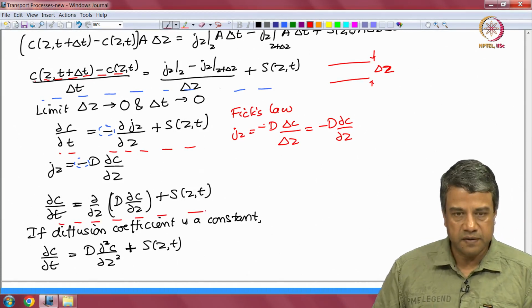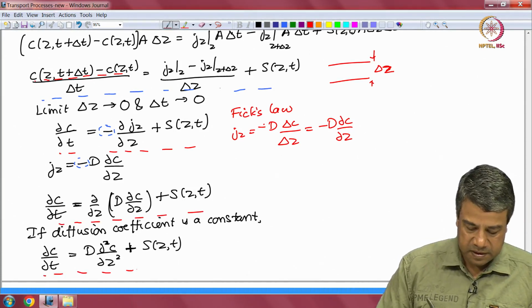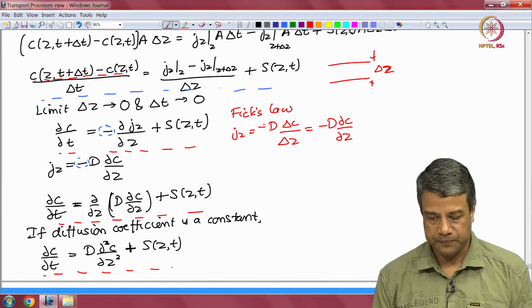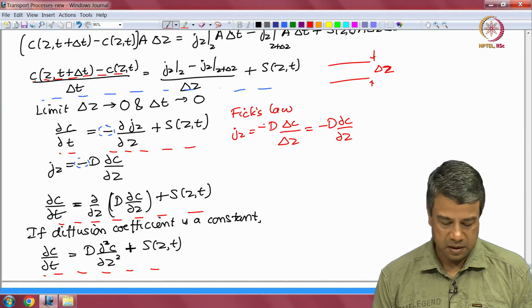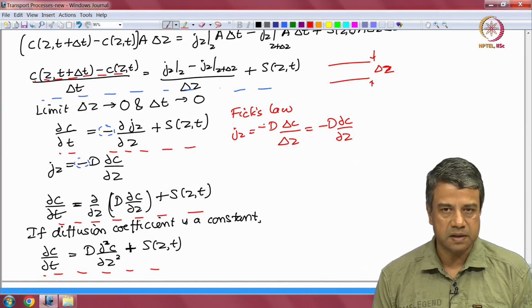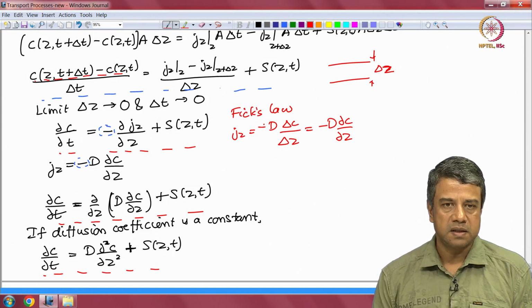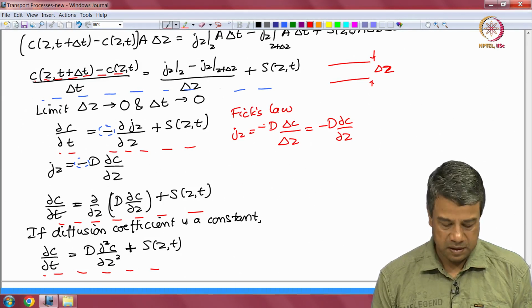And if the diffusivity is a constant, then it simplifies further. If the diffusivity is a constant, it is independent of position and so on, then you get an even simpler expression for the variation of the concentration with respect to position and time. This is a partial differential equation.